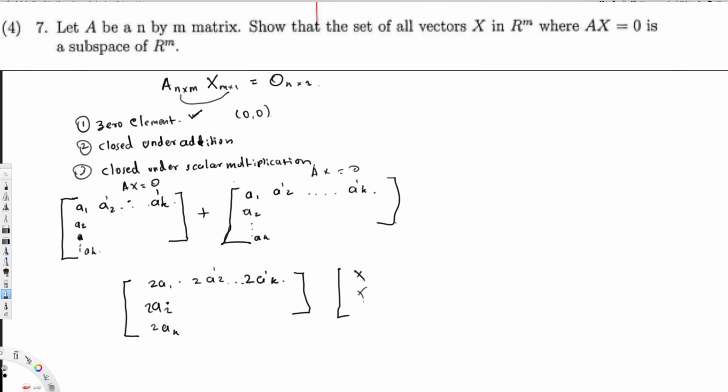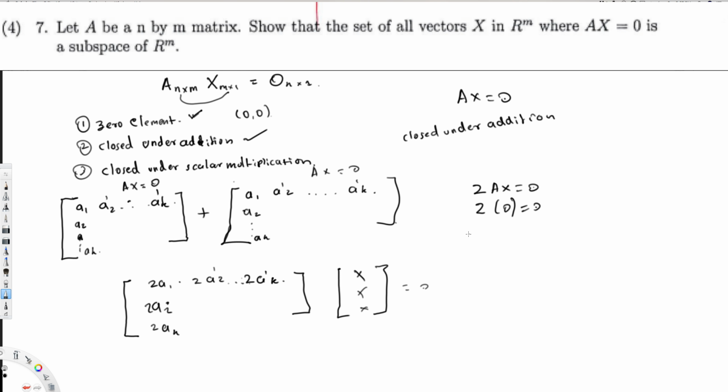If I multiply this one by x, it should give me 0. Since Ax is equal to 0, we have to prove that 2Ax is equal to 0. It's actually a simple thing. We know Ax is 0 already. If you plug this 0 right here, it's going to give you 0. Therefore it's closed under addition, so it's passing the second test.